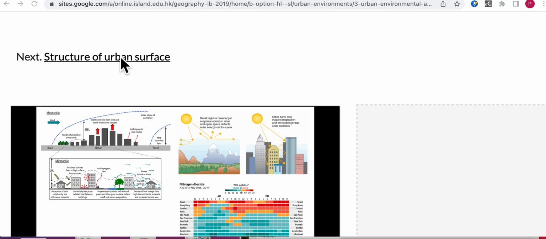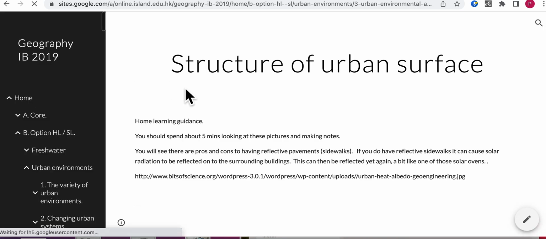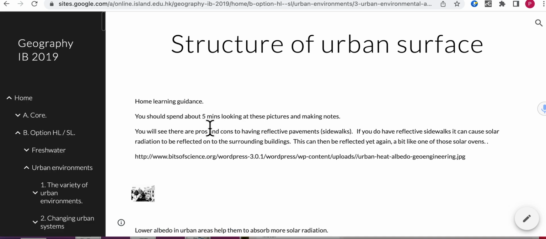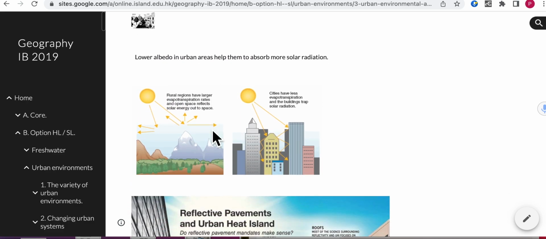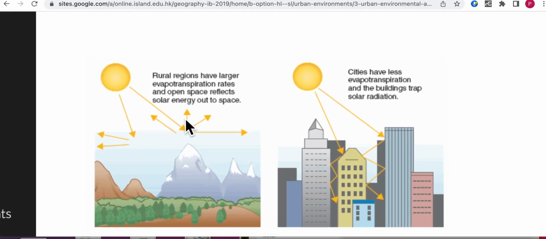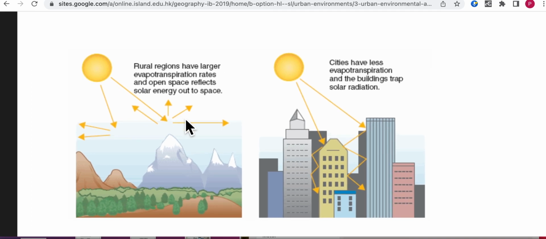So now we're going to dig down into a little bit more detail about the surface of urban structures. We did talk about this a little bit already, about this concept of albedo. That's the reflectivity of the surface.